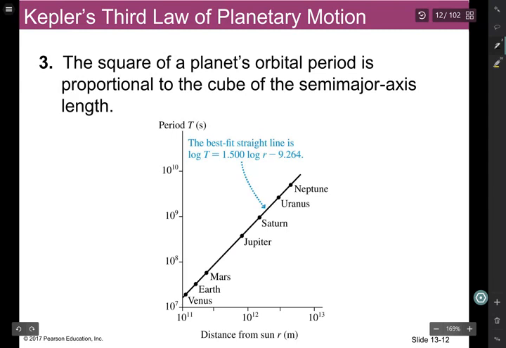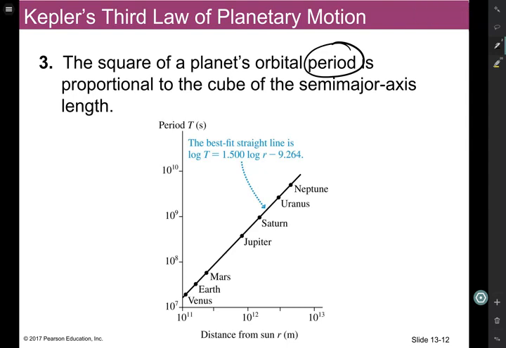And then the last one, the most obviously mathematical one of Kepler's laws, and the hardest really to imagine how you'd figure out something this way just from data, is this statement right here. And this is the really important one for some calculations that we'll see later. But observationally, it was clear from Kepler's data that the square of the orbital period, and that's a key word that you need to know if you might have forgotten, right?